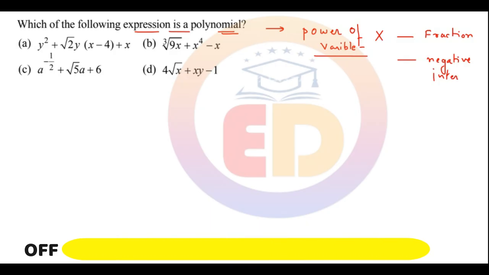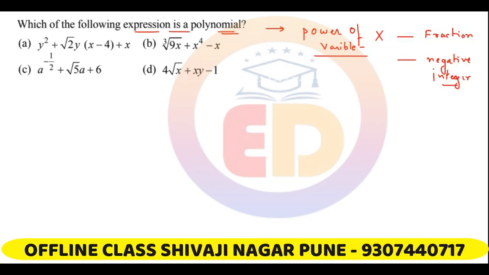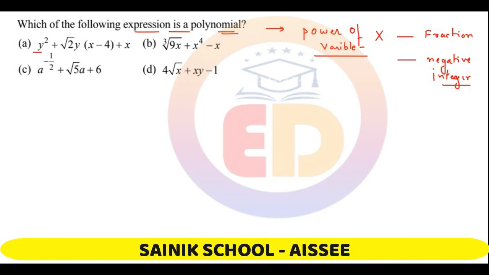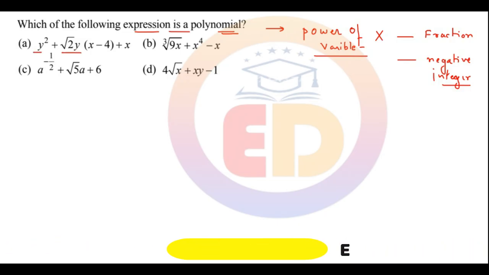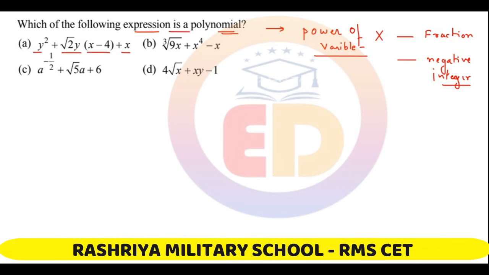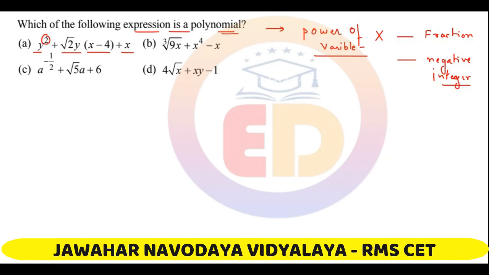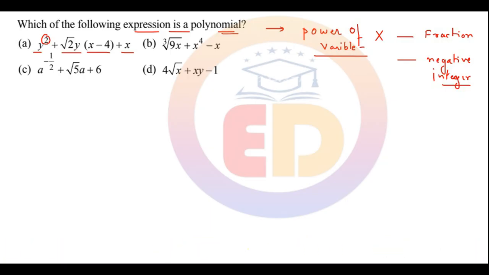Now, keeping these two conditions in mind, let us analyze all the 4 options. First option is y square plus root 2y bracket x minus 4 plus x. Here the power of y is plus 2, so it is a positive integer.